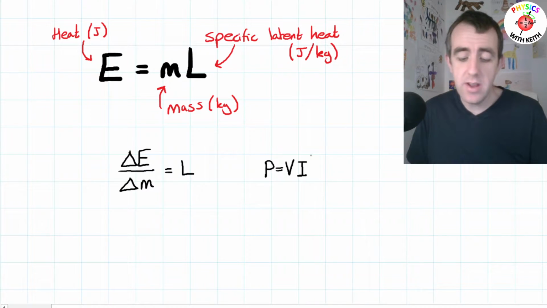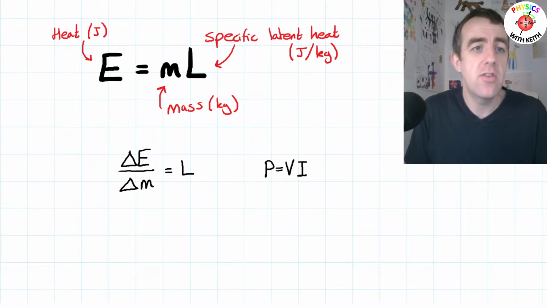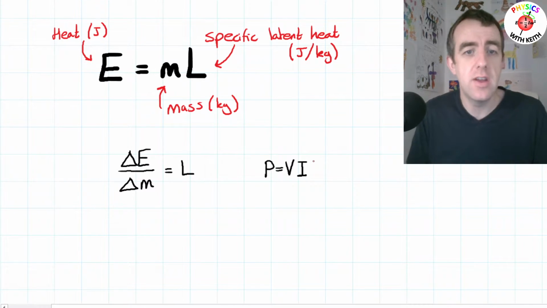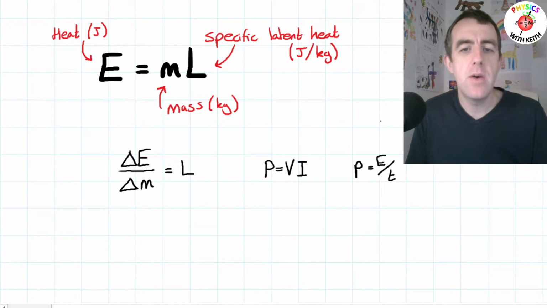We are going to use an electrical heater to heat up the ice, so power is going to equal the potential difference across the electric heater multiplied by the current through the electric heater, and both of these quantities can be measured. Remember that power is defined as energy transferred divided by time.